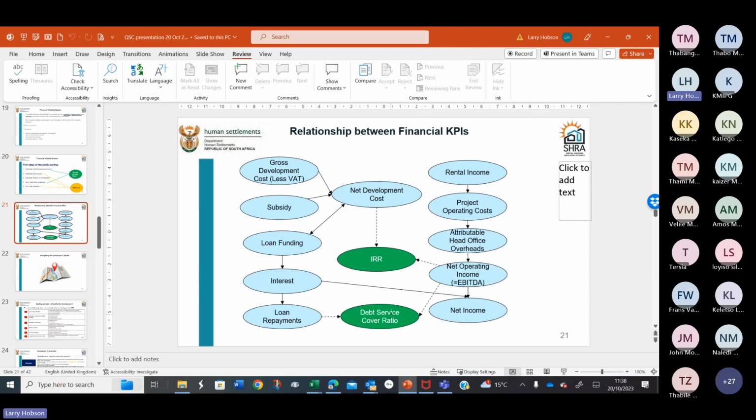Now we're a social housing institution. It's the debt service cover that's in trouble. So we've already been down the chain to see what we can do about reducing our operating overheads, given that our rentals are fixed in that zone. So then we've got to start going up the left-hand chain.